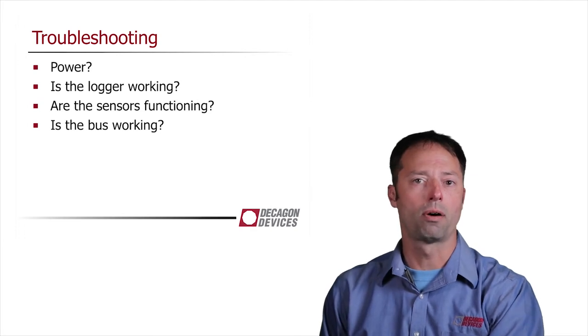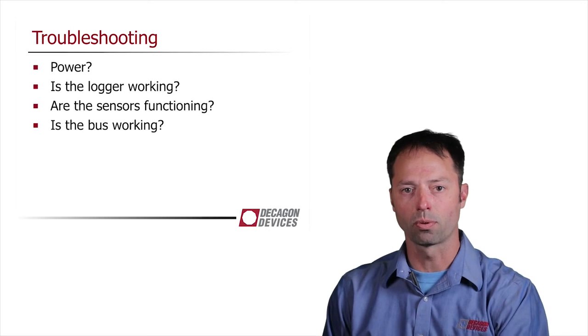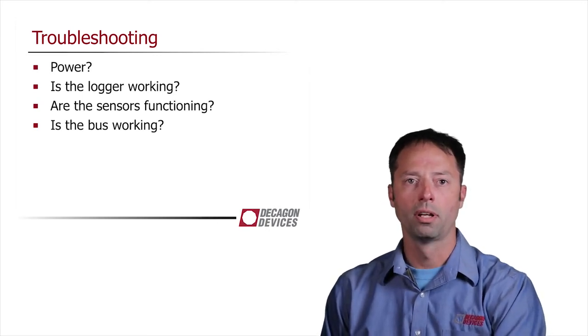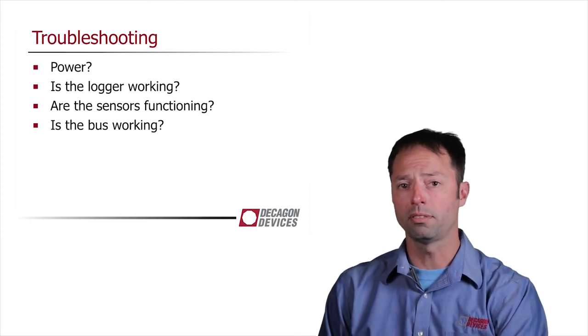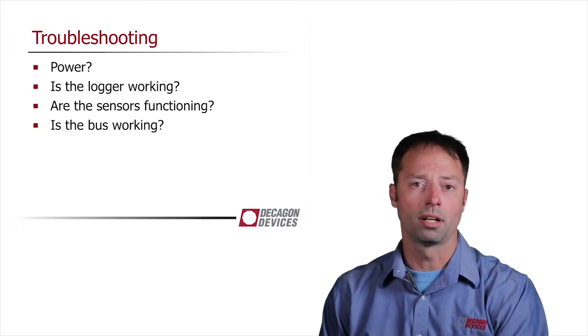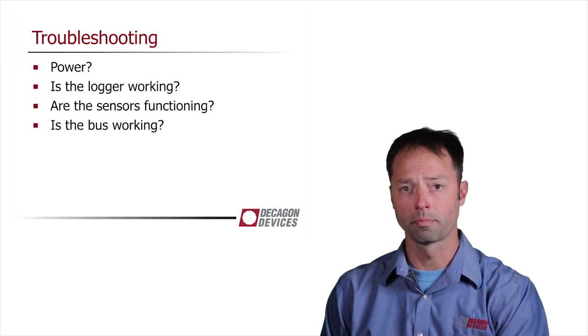So I always start with power when troubleshooting. If something needs power and doesn't have it, it's not going to work. But once you've established that you do have power to your network, start with, is the logger working? It's probably going to be the easiest thing to ascertain. If the logger is not functioning properly, then your sensors aren't going to be doing anything either.